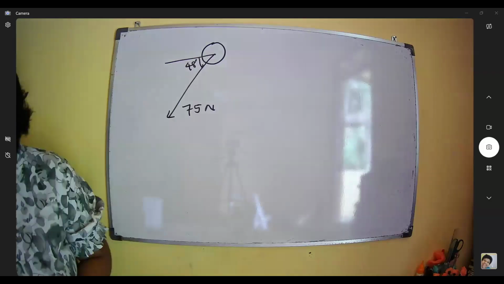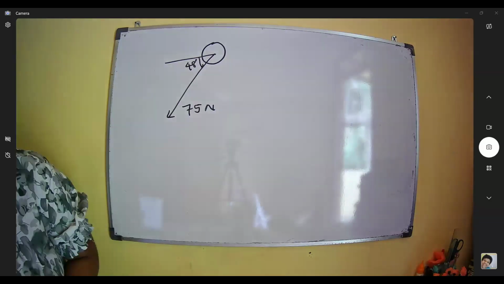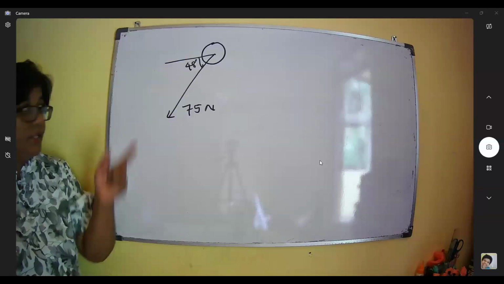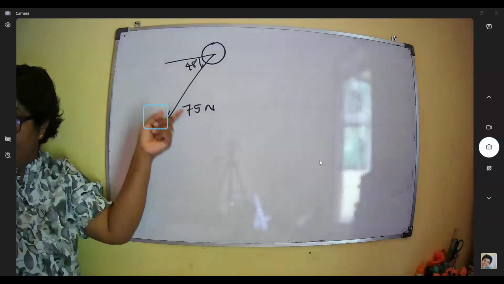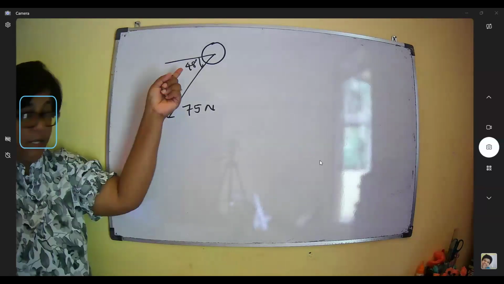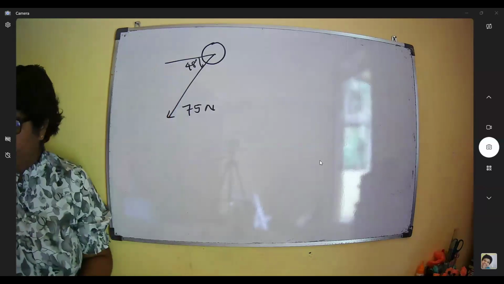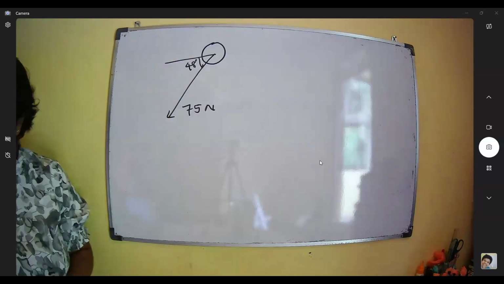Alpha is 48 degrees, right? The force F is 75 Newton at a 48 degree angle. Then we need to convert this into two components.